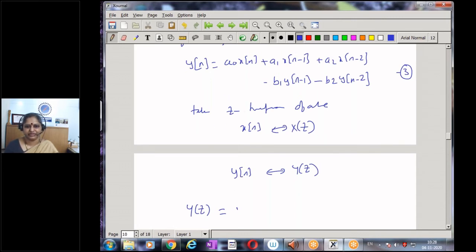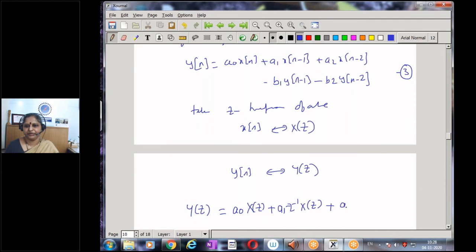So I have this as a0 times the Z transform of x of n, which is X of z, plus a1 times the Z transform of x of n minus 1. By the time shift property, this becomes z inverse X of z.